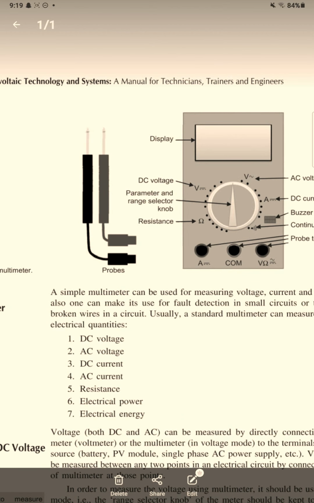Now, based on the parameter, if I want to measure voltage, ohms, or DC voltage, I have to connect the red probe to this probe terminal.